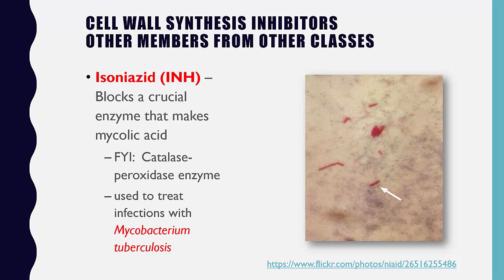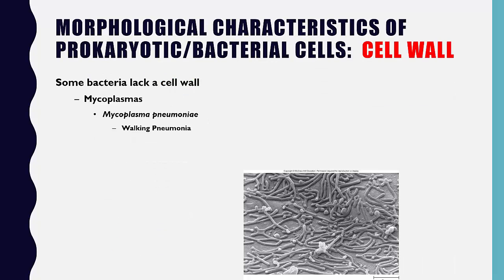What it does is it takes out the enzyme that helps to make mycolic acid. If you really need to know, it's catalase peroxidase enzyme. So we use that to treat mycolic acid containing bacteria like Mycobacterium tuberculosis, or if somebody does have Mycobacterium leprae, like leprosy. Like I said, it's rare, but it's a thing.